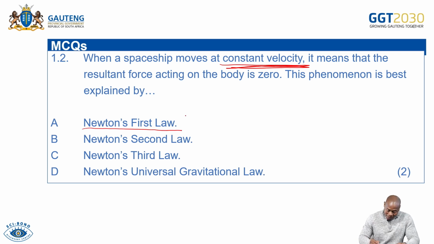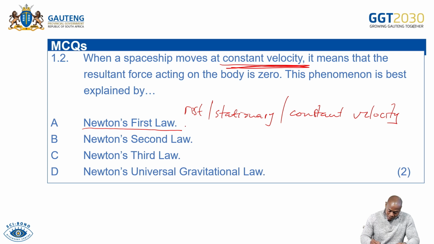So that is Newton's first law. So if an object is at rest or stationary, or moving at constant velocity, right? So that is Newton's first law, or application of Newton's first law. Here we can also add forces at equilibrium.